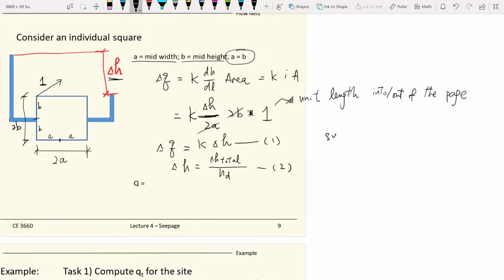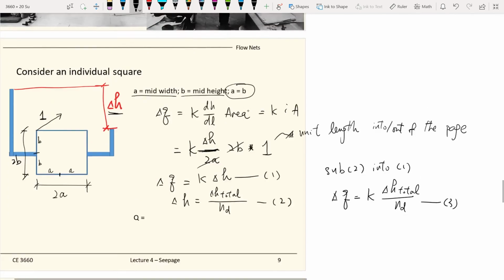If we substitute equation 2 into equation 1, we will get delta Q equals K times delta H total divided by the number of drops. So we have equation 3.